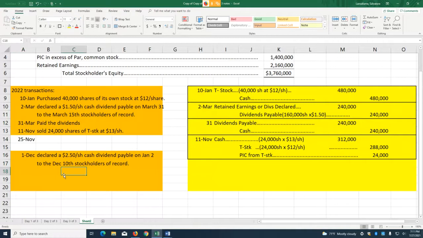So November 25th, what does November 25th say? Sold the remaining 16,000 shares, right? And what are we selling the remaining 16,000 at? 950.